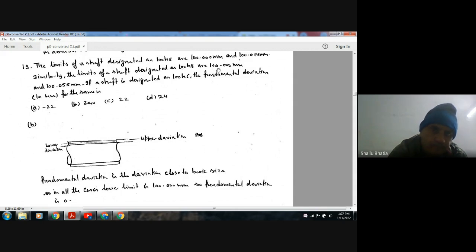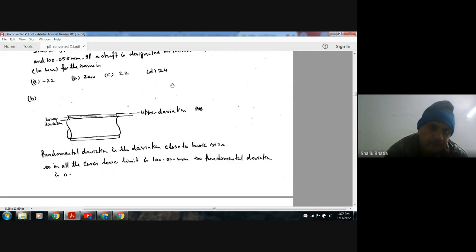Similarly for the shaft, the basic size is the same for both. If the shaft is designed as 100, the fundamental deviation is measured from the basic size. So the basic size will remain the same in all the cases. Okay, so the answer is 0.